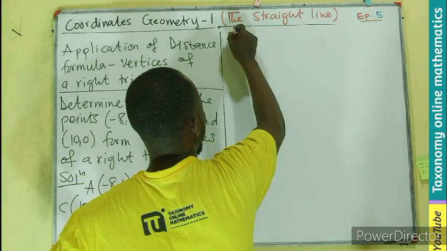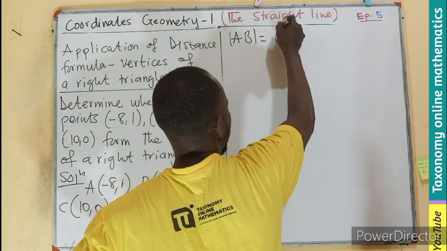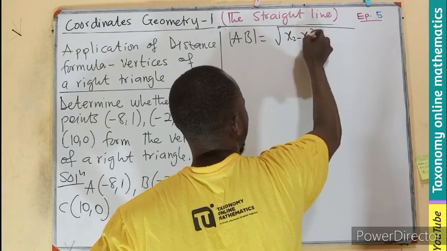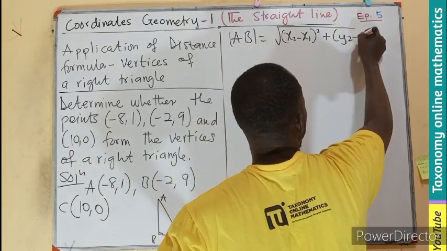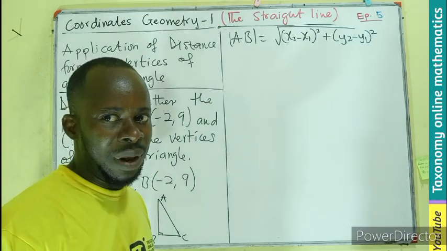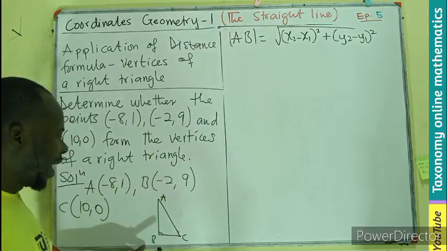By recall, we know that the length of AB will be equal to the square root of (x2 minus x1) squared plus (y2 minus y1) squared. By the recall, that is the formula for finding the distance of a point. So let's begin with AB.